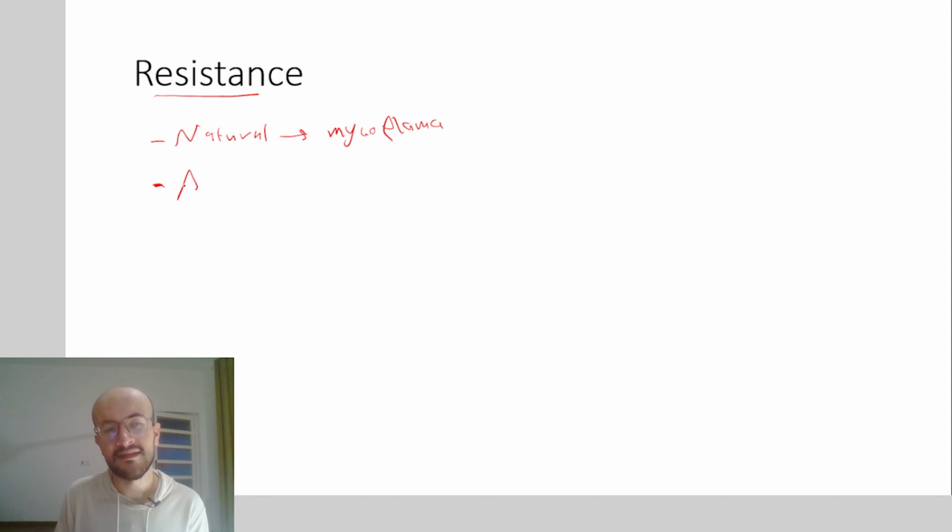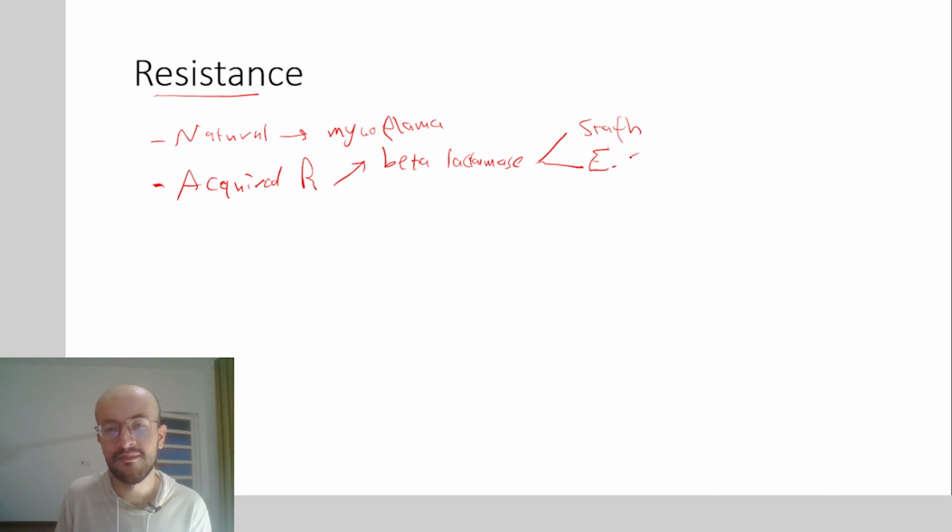We also have acquired resistance by beta-lactamase secreting bacteria, such as the staph, some strains of Escherichia coli, some strains of the streptococci, Haemophilus influenzae, the Proteus, and some more bacteria.